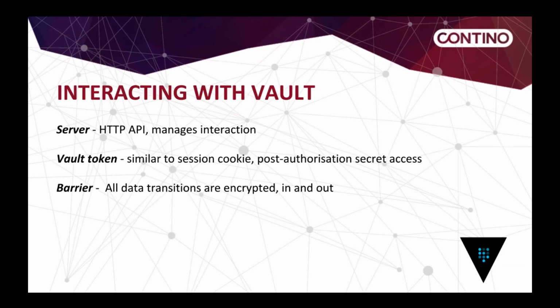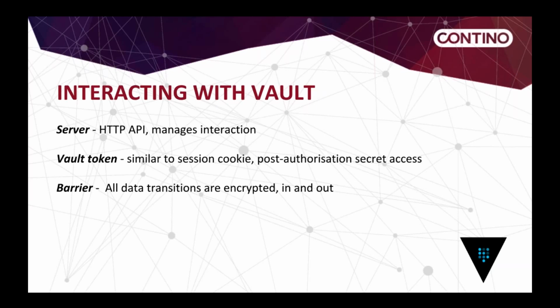So interacting with Vault, Vault has a HTTP API which manages all the interactions. So all of the requests that you make to Vault go via that. And that's over TLS, so it's SSL, secure sockets layer, and it's 256-bit Advanced Encryption Standard. And also Vault works with tokens.